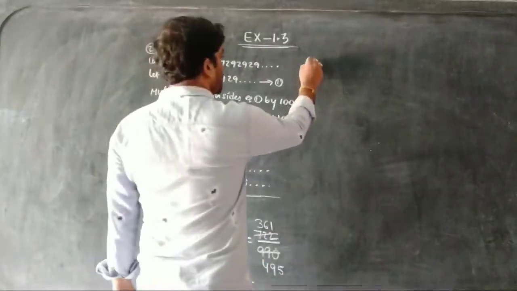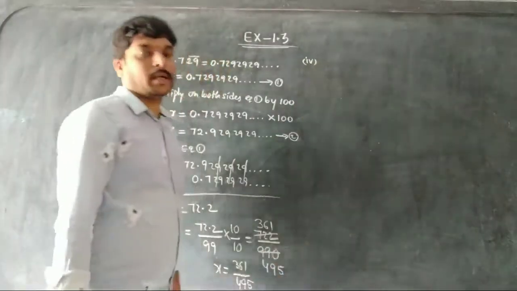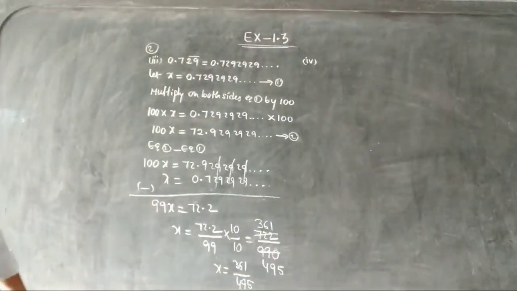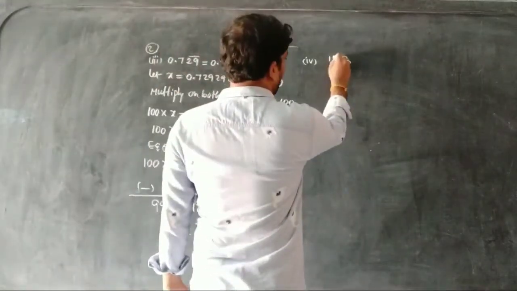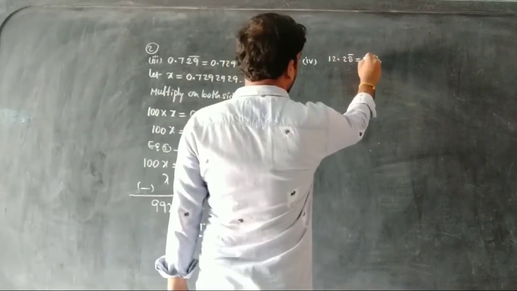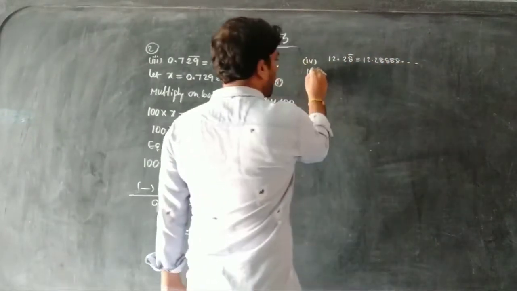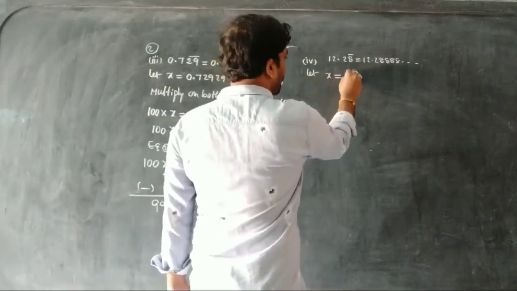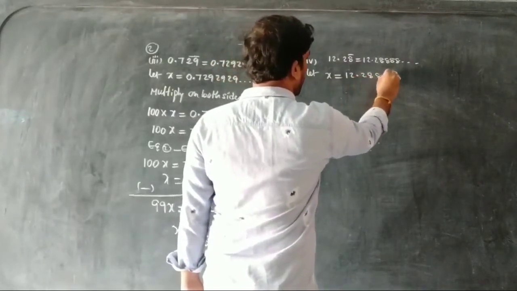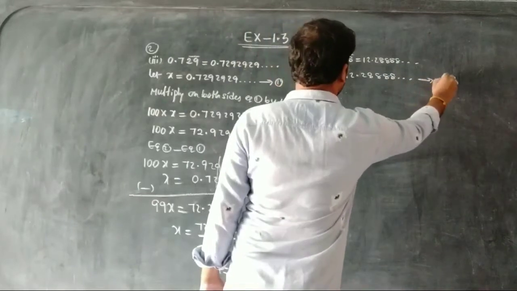Now the fourth question: 12.28 bar. 8 only has the bar. 12.28 bar, that is 12.28888 and so on. Let us take x is equal to 12.28888 and so on. This is equation number 1.